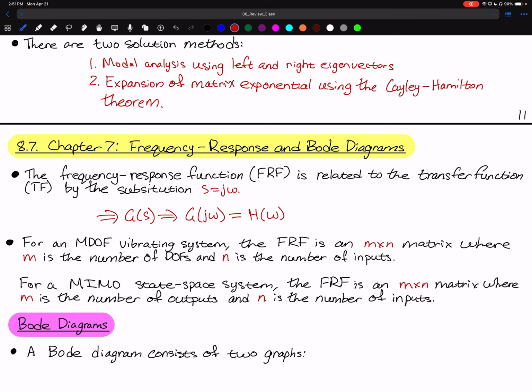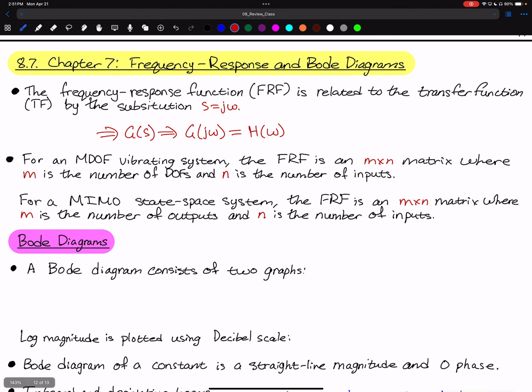For an MDOF vibrating system, the FRF is going to be an M by N matrix, where M is the number of degrees of freedom, N is the number of inputs to the system. And then for a MIMO state space system, the FRF is an M by N matrix, where M is the number of outputs, and N is the number of inputs to the system.